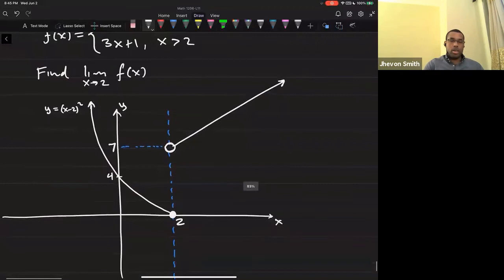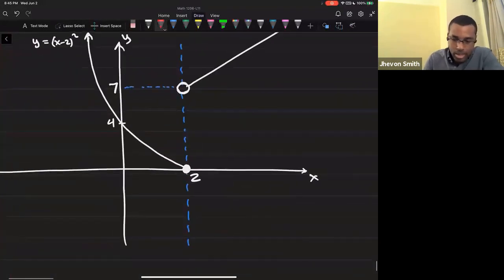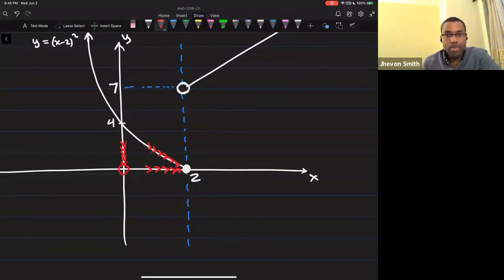All right, let's play our same game. Let's figure out the limit as x approaches 2. So let's get close to 2 like we've been doing. As I get close to 2 over here, I'm on my function coming down like that. Corresponding y values are heading towards something, and you might recognize at this point y equals 0.